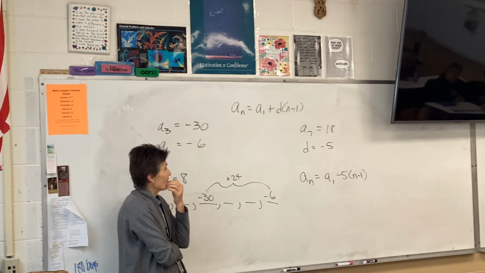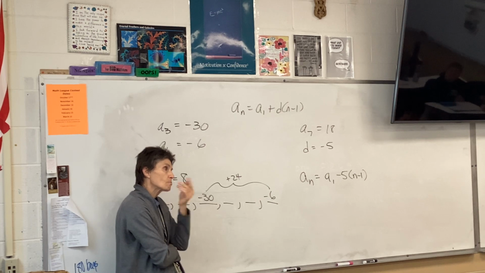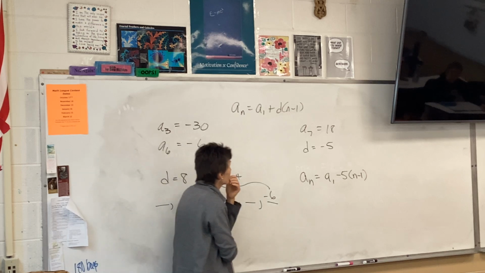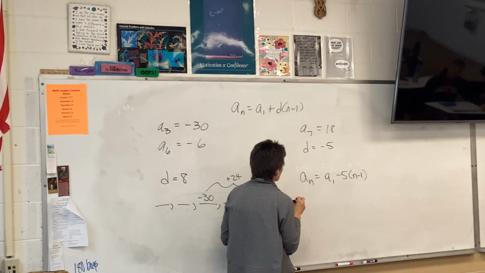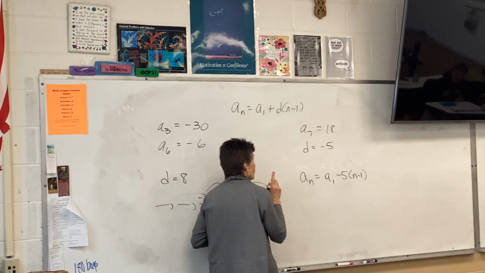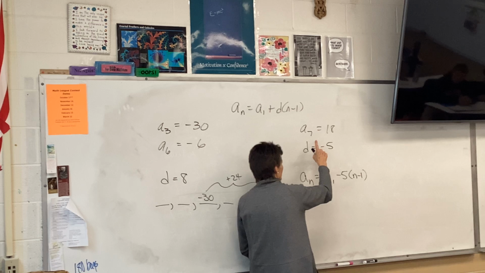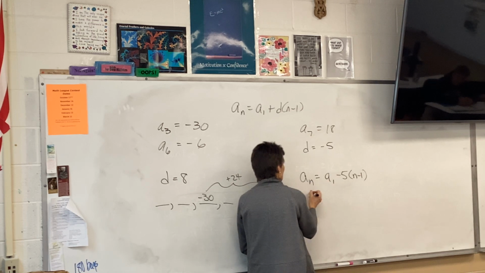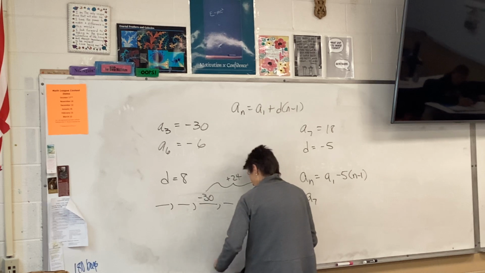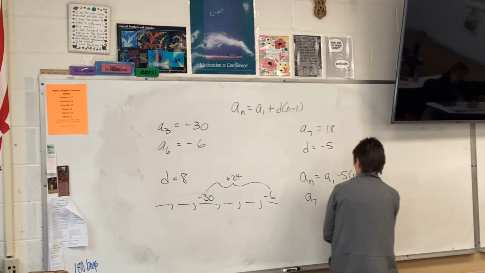How could I find that first term? 5 times 7. Yeah. And then add that to 18. Oh, okay. All right, let's look at this for a second. We want to be sort of careful with that, Patrick, because you're on the right track. The 7th term is 18.